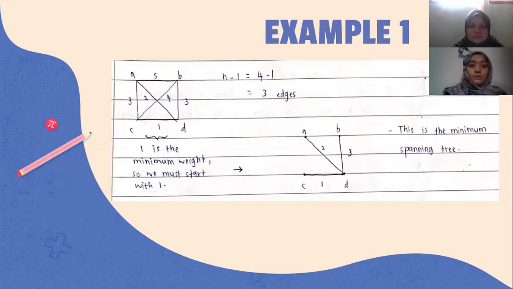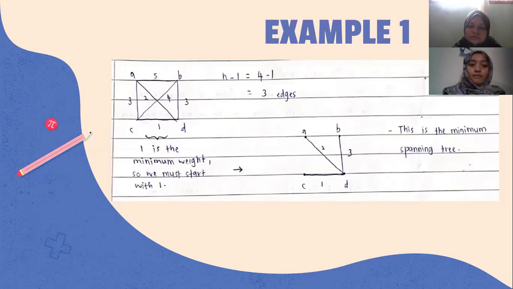So 1 is the connection between vertex C and D, so we construct the edge that connects vertex C and D. The second one is with weight 2, which is the connection of vertex A and B. Right now we already have 2 edges, so we need the last one because the minimum number of edges should be 3.